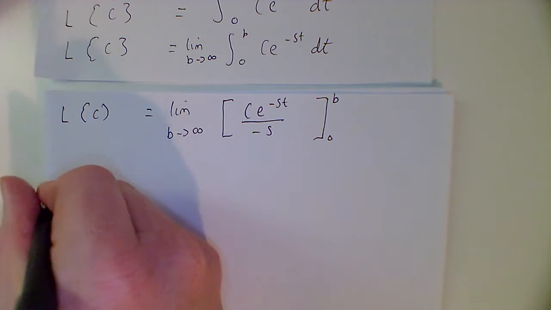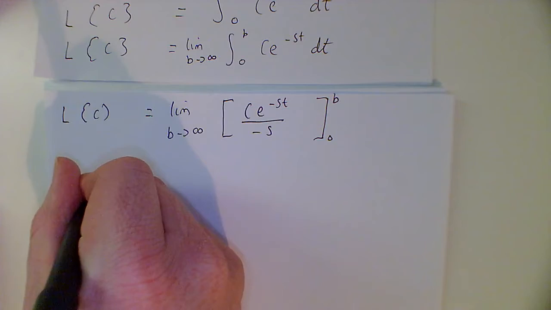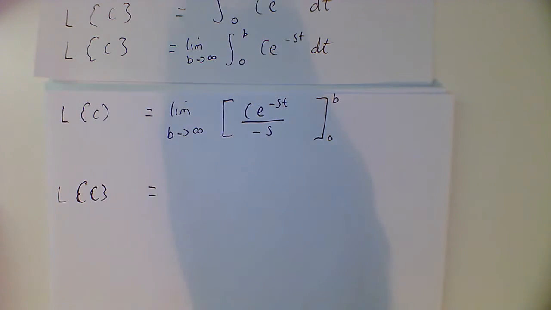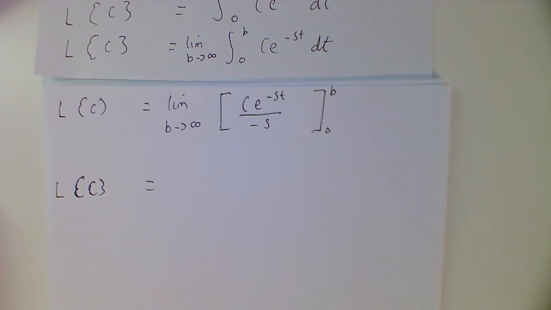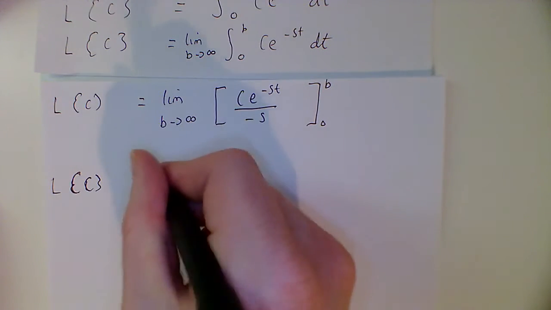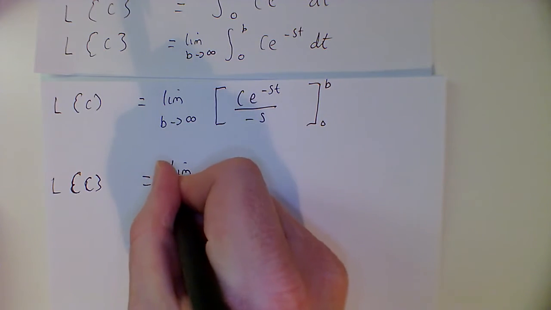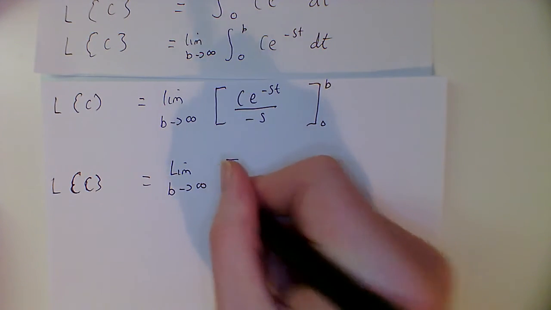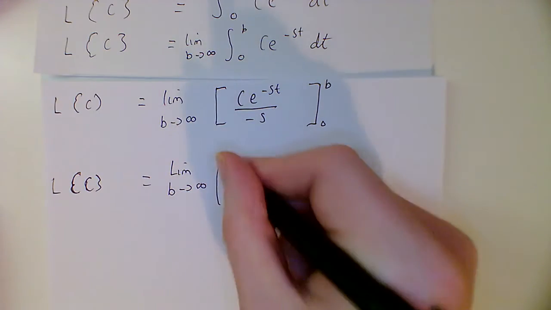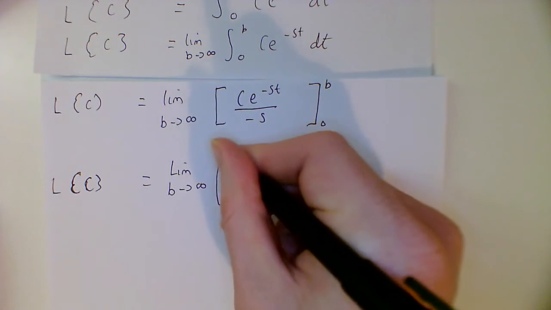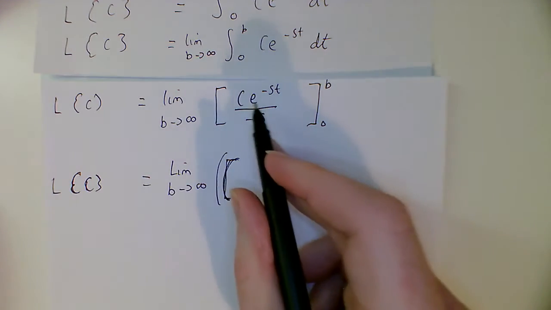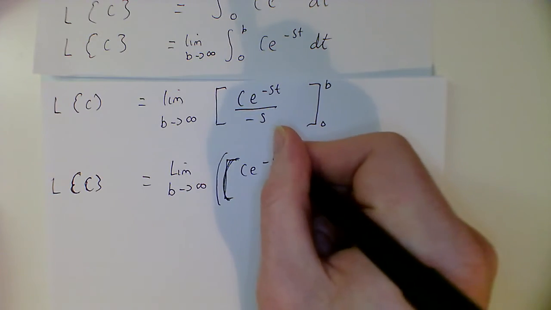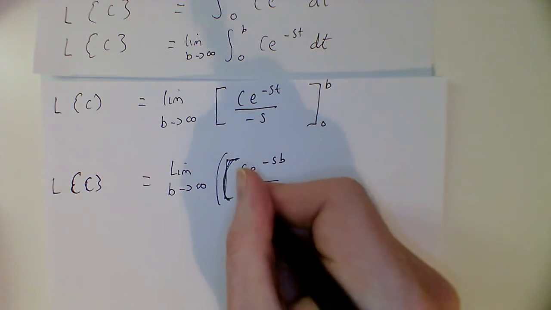Right, so let's substitute in my limits. Remember, make your brackets curly brackets there if you can. So that means it's the limit as b goes to infinity of, and remember, it becomes curly brackets. So that's c e to the power of negative s b over negative s.